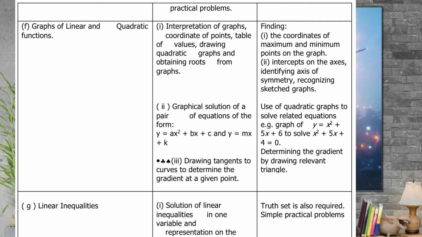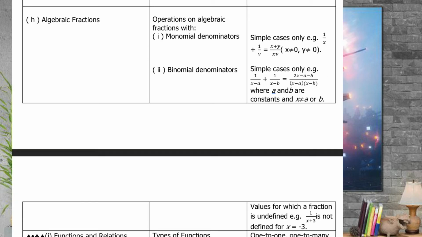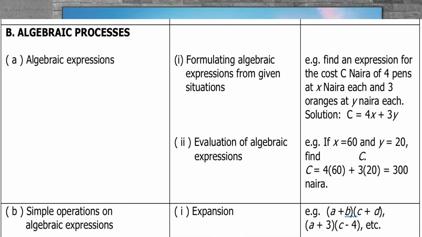So under algebraic expression, you should know how to formulate algebraic expression from given situations. Under simple operations on algebraic expressions, know expansion, how to expand brackets. When you are given the bracket, know how to expand it, know how to factorize.